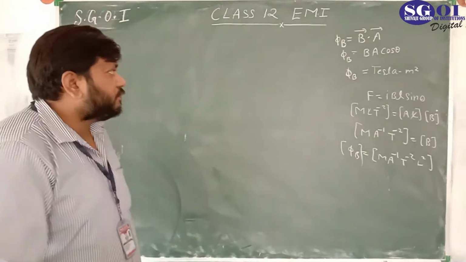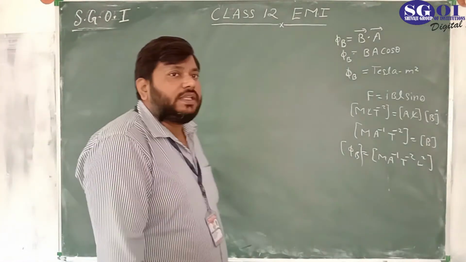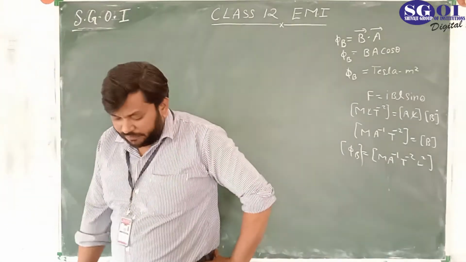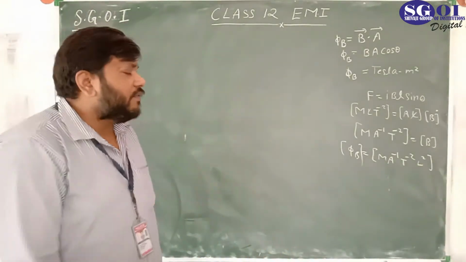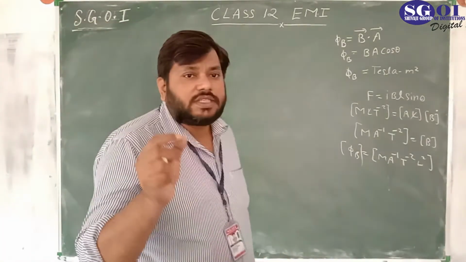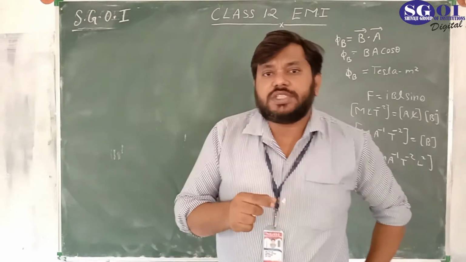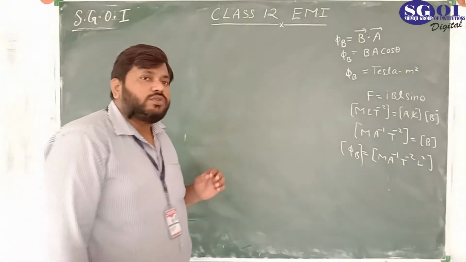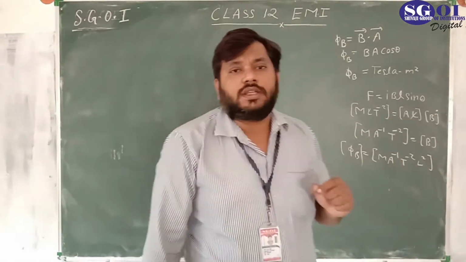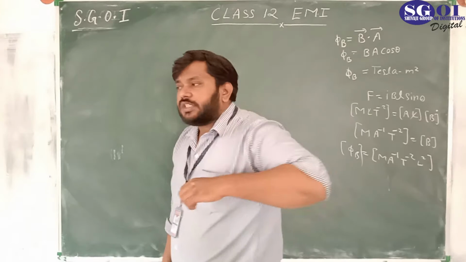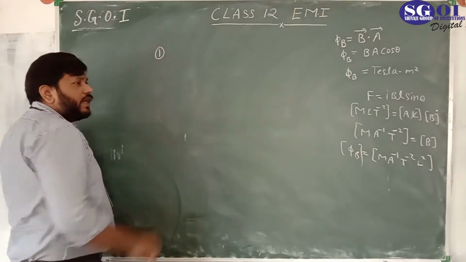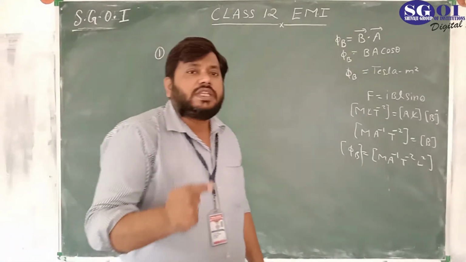Now students, we have also defined the magnetic induction given by Faraday, and Faraday told us whenever there is a change in magnetic flux linked with the coil, an EMF is induced across the ends of the coil. So this is the first law of Faraday.